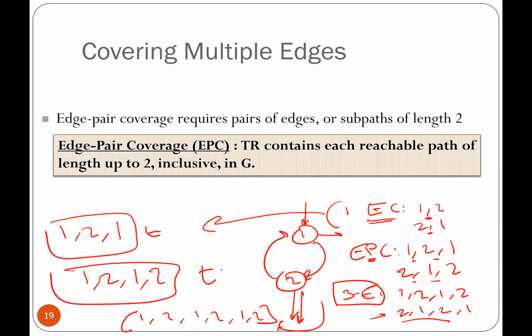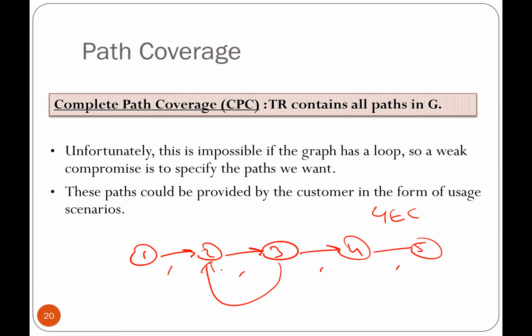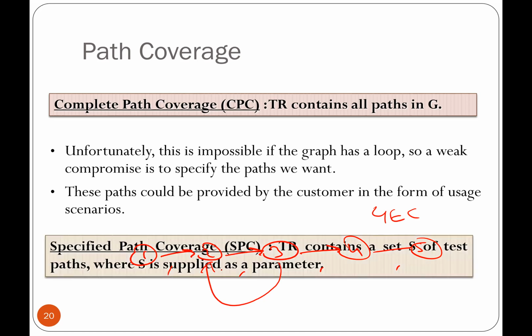If you go back over here, 1, 2 is a path, 1, 2, 1 is a path, 1, 2, 1, 2 is a path, 1, 2, 1, 2, 1 is a path, and so on and so forth. We can just keep looping forever. So complete path coverage, had we just had a straight line or a tree-like structure in our code, would have been feasible. But once we hit a loop, it becomes infeasible.